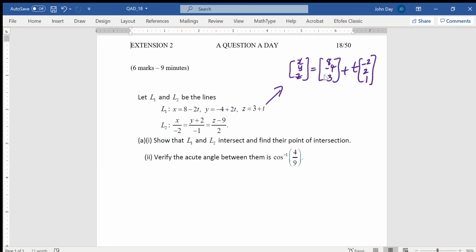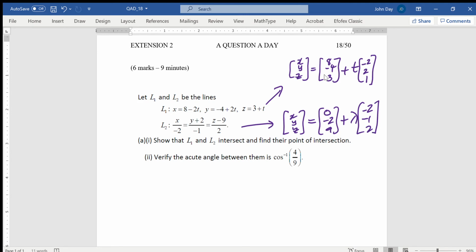You should be able to read that off from there, and you should be able to read off from here that xyz is equal to, looking on the top line, (0, -2, 9), plus, call that lambda, times, looking on the bottom line, (-2, -1, 2).